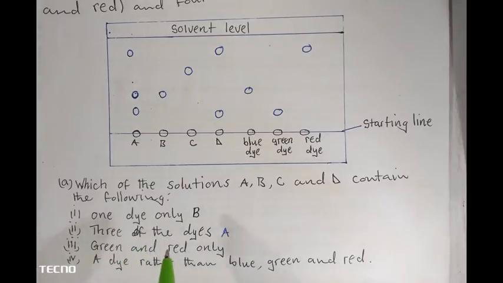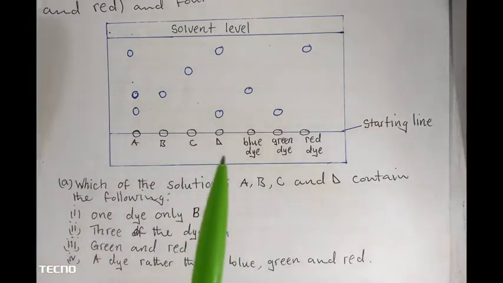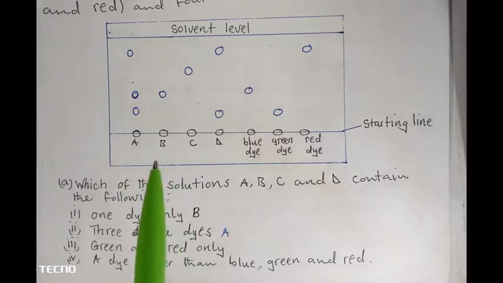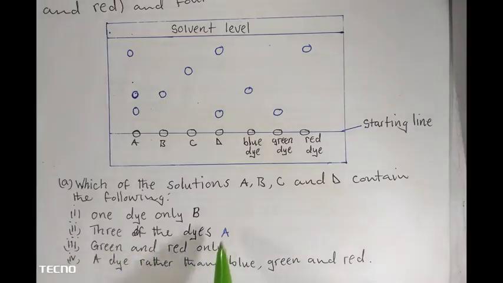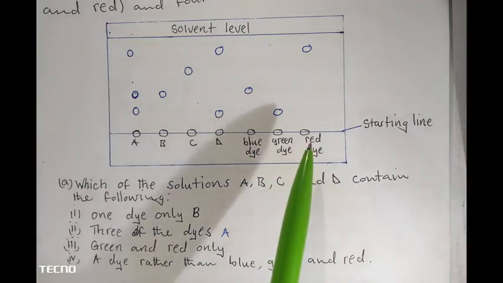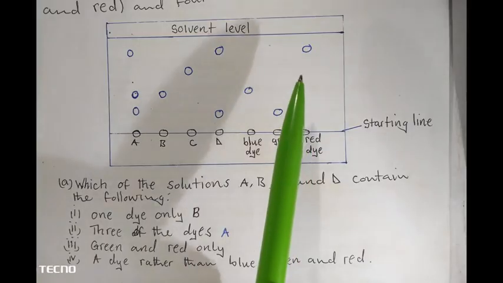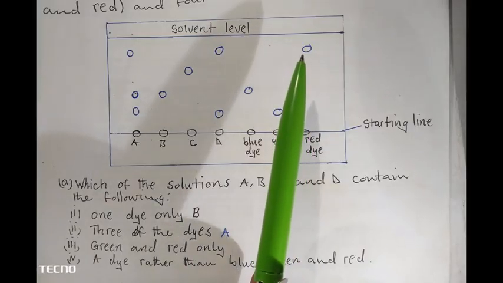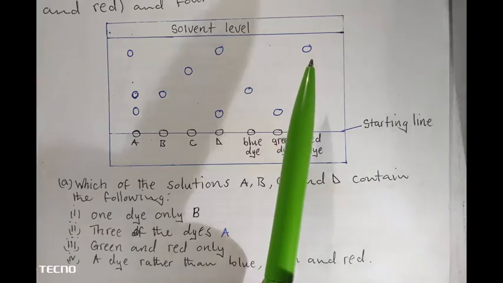Then green and red only. So the components that contain green and red only. Red is here, so green and red only.